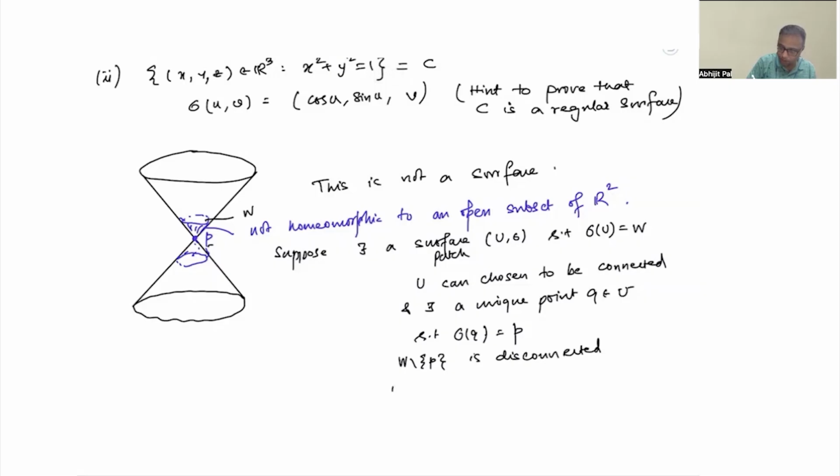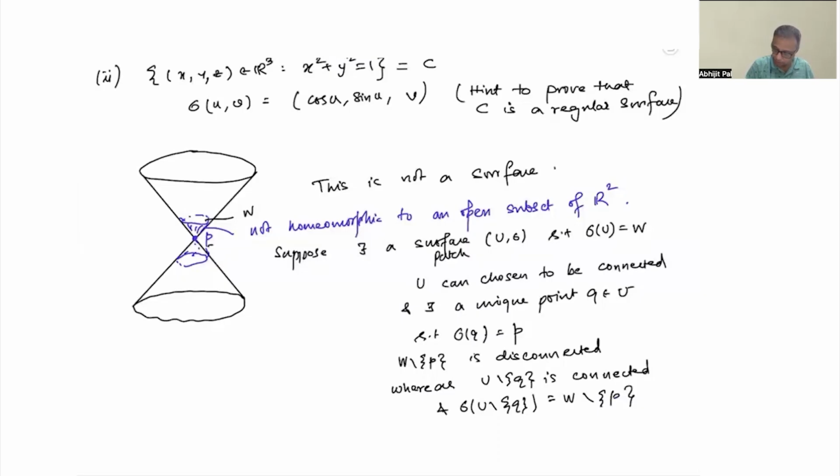Okay, so whereas this U minus q is connected, and sigma of U minus q is equal to W minus P. So U minus q is connected and W minus P is disconnected, so this cannot be possible.